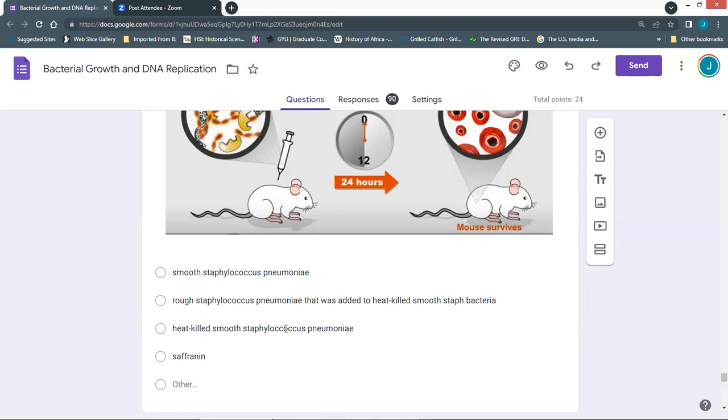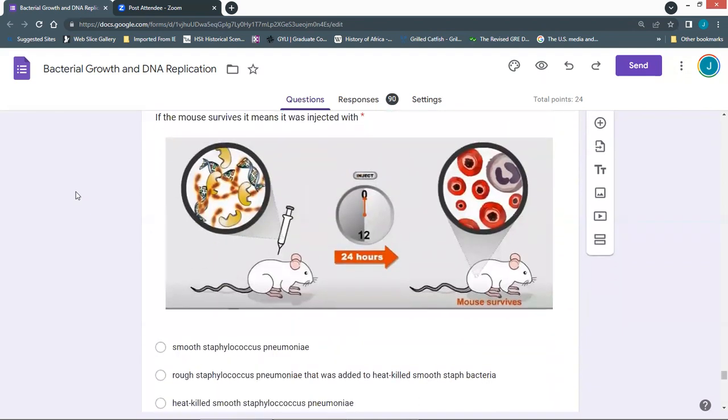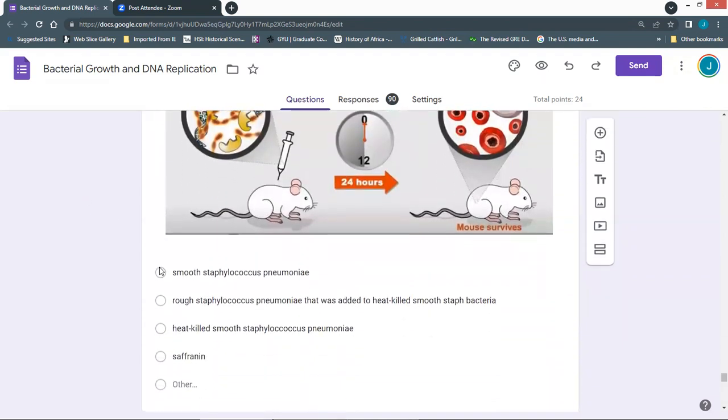Heat killed smooth did not kill the mouse, and saffron is obviously not a right answer. So it's one of these 3, and I already forgot the question. What was the question again? If the mouse survives, that means it was treated with heat killed smooth staph. Smooth staph, when you heat killed it, did not kill the mouse.